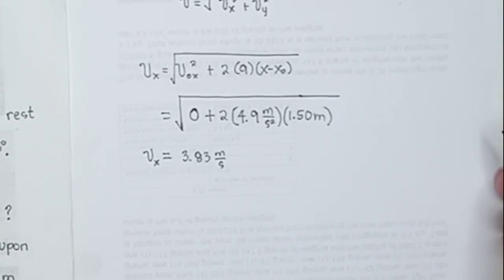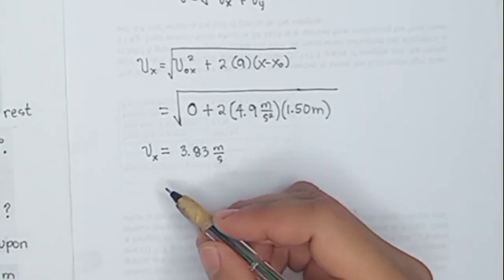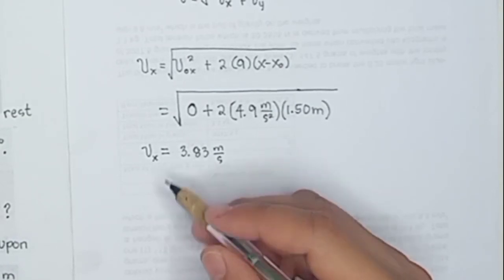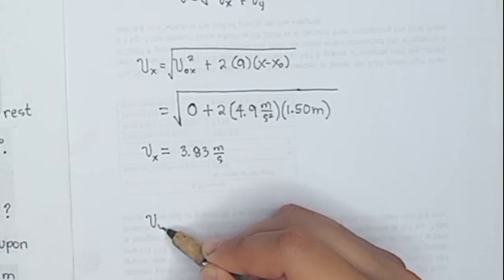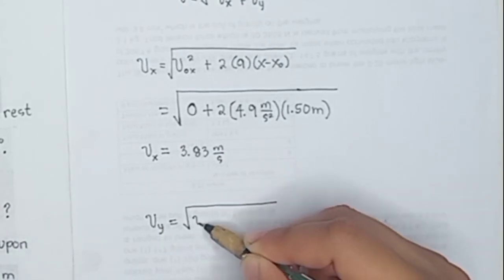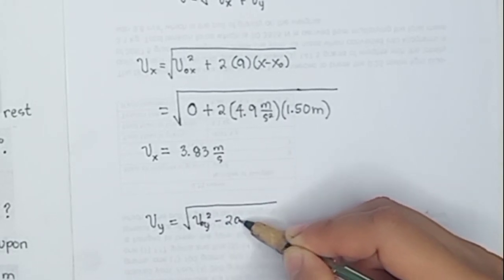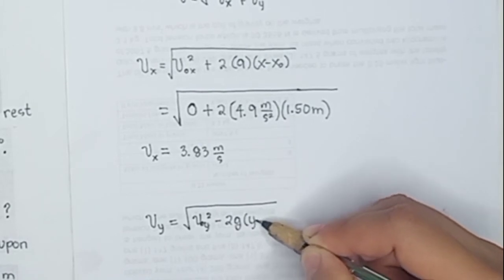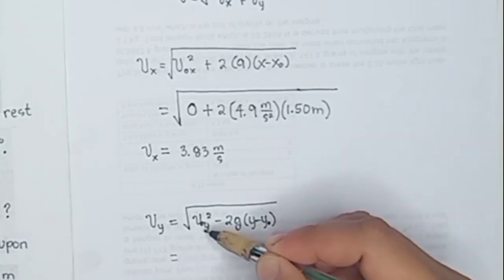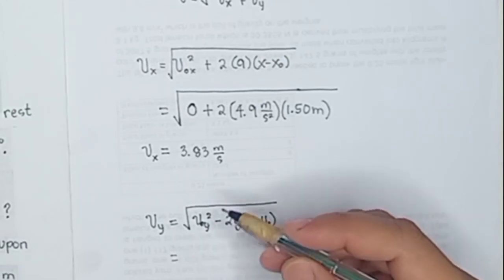Let us then solve for the y component of the velocity of the box at the bottom of the ramp. We will use the same form of the equation. We'll use vy equals the square root of v sub Oy squared minus 2g times y minus y sub O, where again, the v sub Oy is 0 because the box starts from rest.